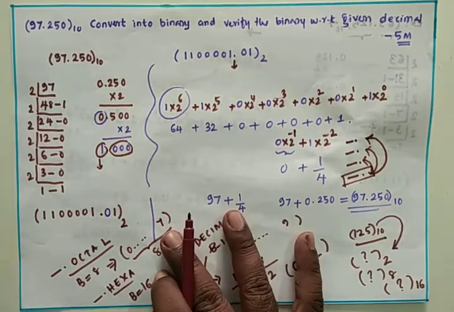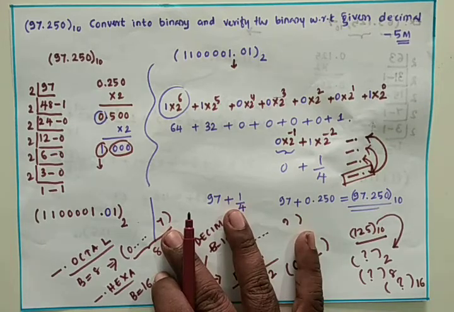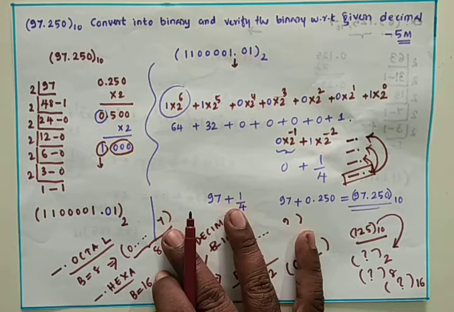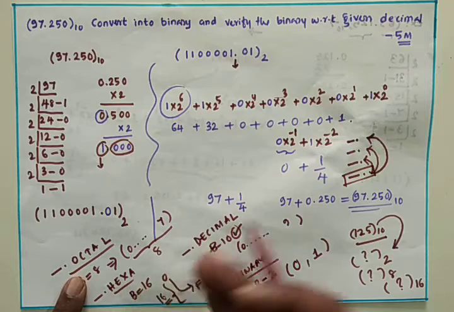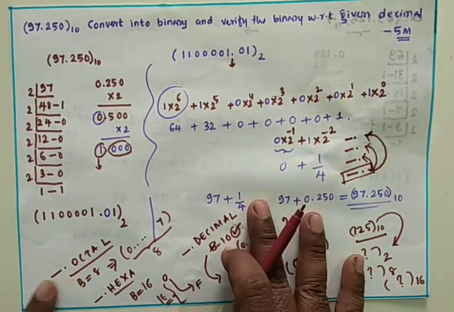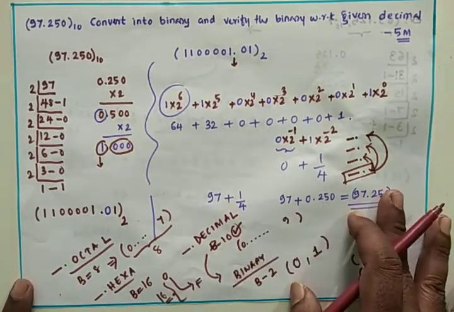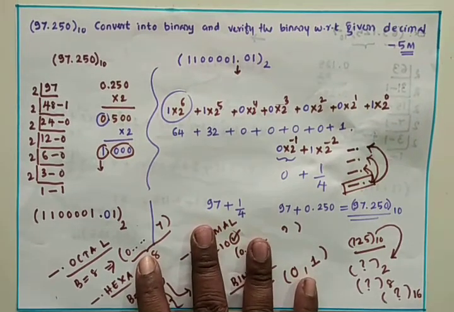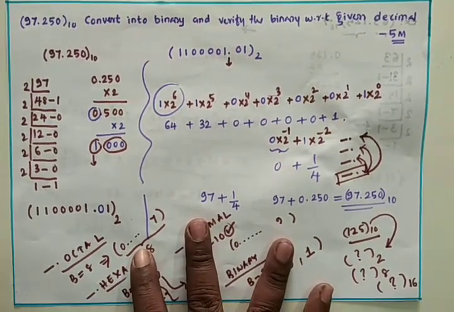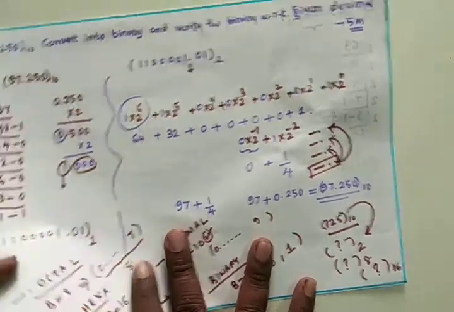If we know the decimal, we must know its equivalent in binary, octal and hexadecimal. Similarly, if you know the hexadecimal number, we must know its equivalent in decimal, octal and binary. So in coming classes I am going to explain the same, so that with the next class all the conversions will be completed, and we can go for the next topic.